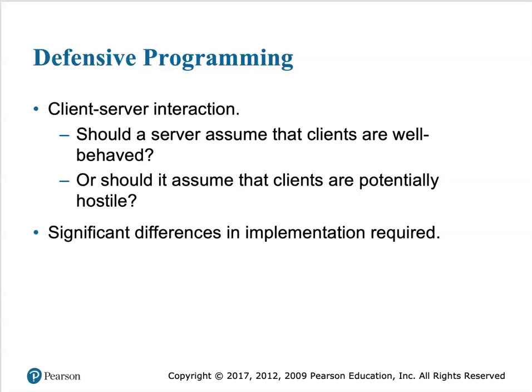Do we assume that the client information is going to be well behaved? Or do we assume that the client data stream might be looking for a place to actually disrupt the system, but potentially get access and run unauthorized code with higher permissions. And honestly, this is where so many true hacks come from.